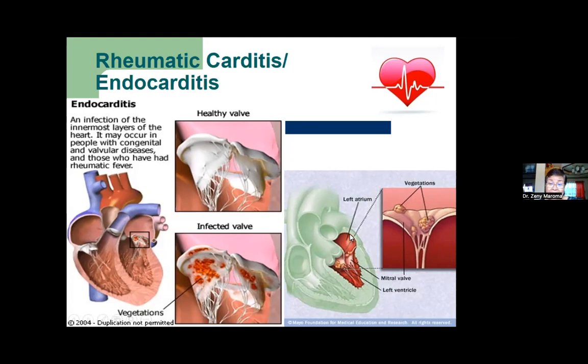So as blood from the left atrium passes through, these vegetations could embolize. Ibig sabihin, natanggal. And it goes with the circulation.